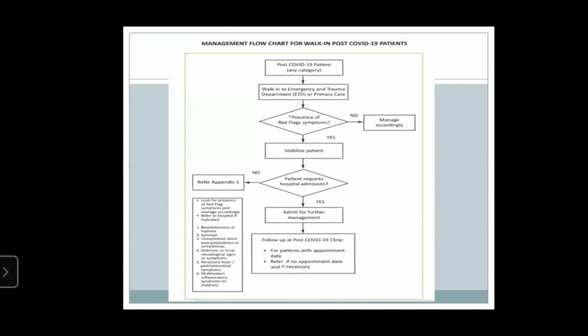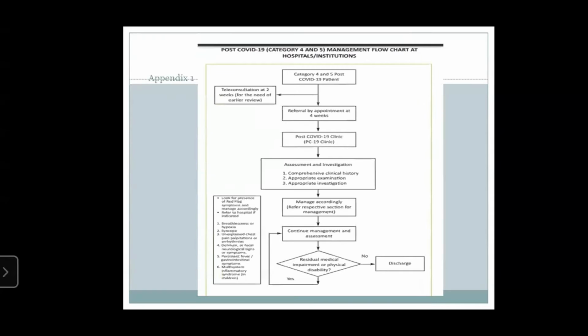However, if the patient doesn't require hospital admission, we can refer to Appendix 1, which is a flow chart. It shows that we can give a TCA of up to 4 weeks. In between the 4 weeks, we may have a teleconsultation for the need of earlier review, usually by the primary team.